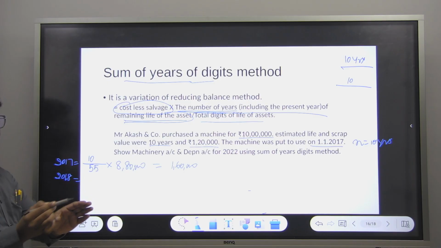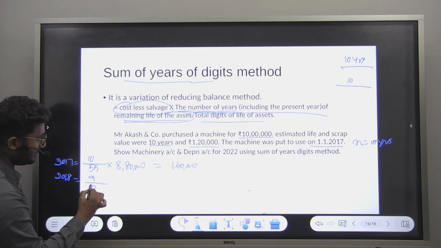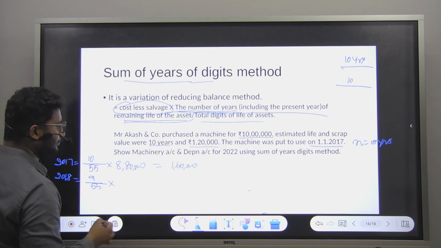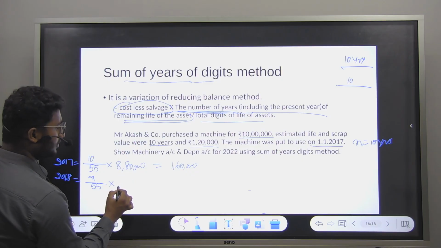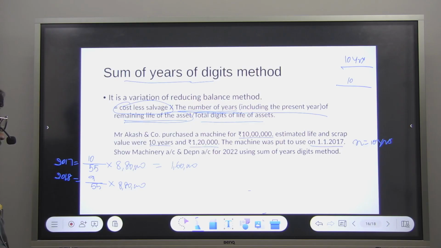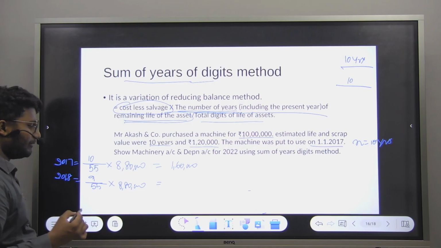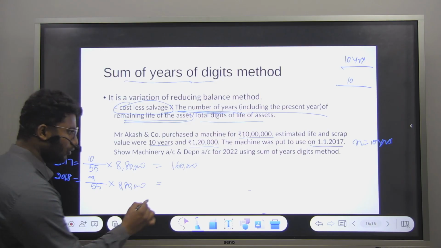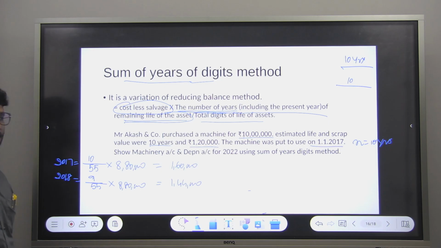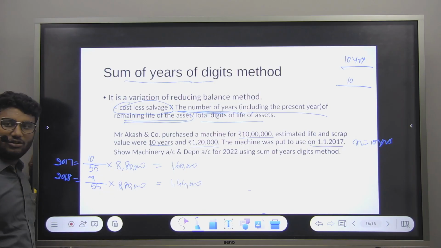Now come to the second year, 2018. For 2018, we have already charged one year of depreciation, one year has been used. The remaining life of the asset is 9 years, so 9 divided by 55 into 8,80,000, which is 1,44,000. So this is how the calculation goes. First year, you have all the 10 years: 10 divided by 55 into the value of the machinery.